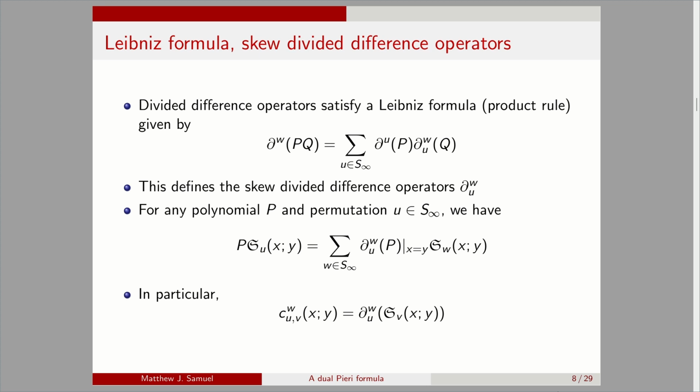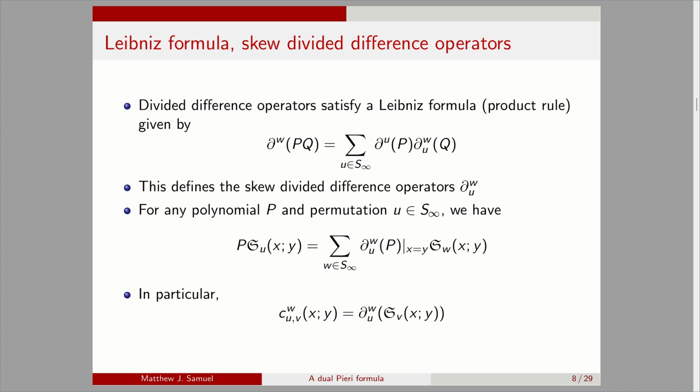So the significance of partial_{uw} is that for any polynomial p and any permutation u in S_infinity, we can express the product p S_u(x,y) as a sum over all w in S_infinity of this skew divided difference operator applied to p, and setting x to y, partial_{uw} of p with x equal to y, times S_w(x,y).